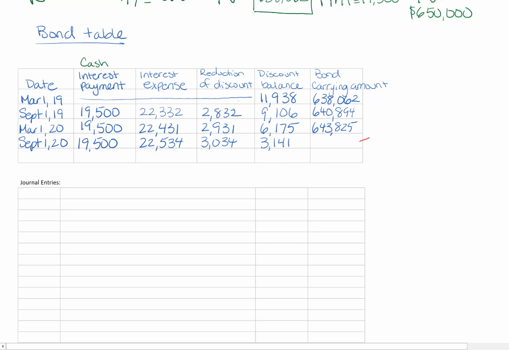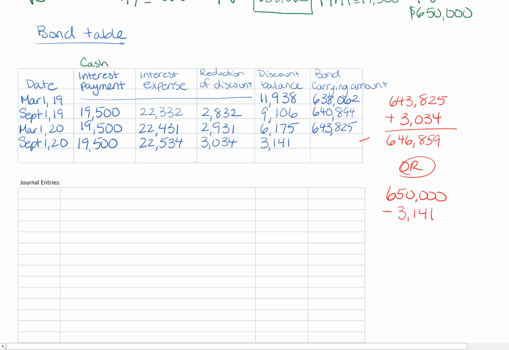Our new bond carrying amount can be calculated by taking the old carrying amount of $643,825 and adding in the reduction of discount of $3,034 to give us $646,859. Or you could take the $650,000 and subtract your discount balance to get the same amount.